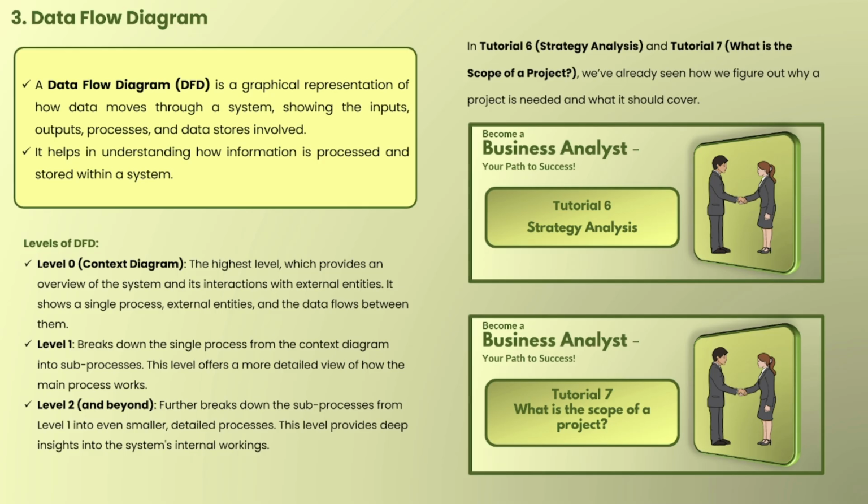It is a visual way to map out how data flows step by step through a system. In a DFD you can see where data comes from, how it gets processed, where it is stored, and where it ends up, and it keeps everything organized and easy to understand without diving into technical code.